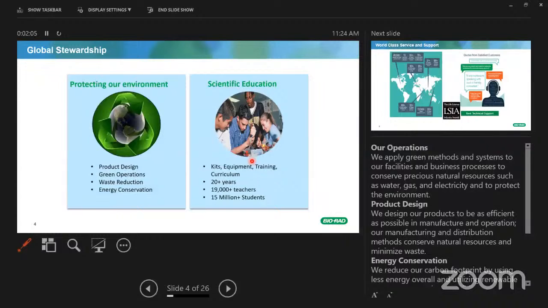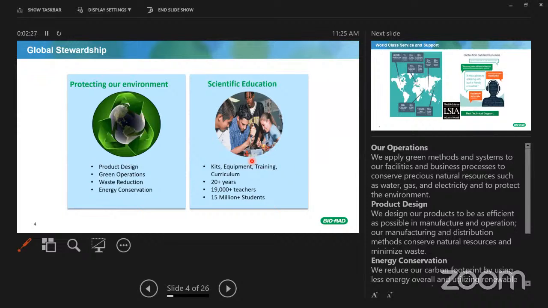We have been partnering with educational institutes and universities. We have a dedicated division we call EDU, the Educational Department, where we have kits and instruments, for example, for isolating DNA from your cheek cells, which can be used in forensics.